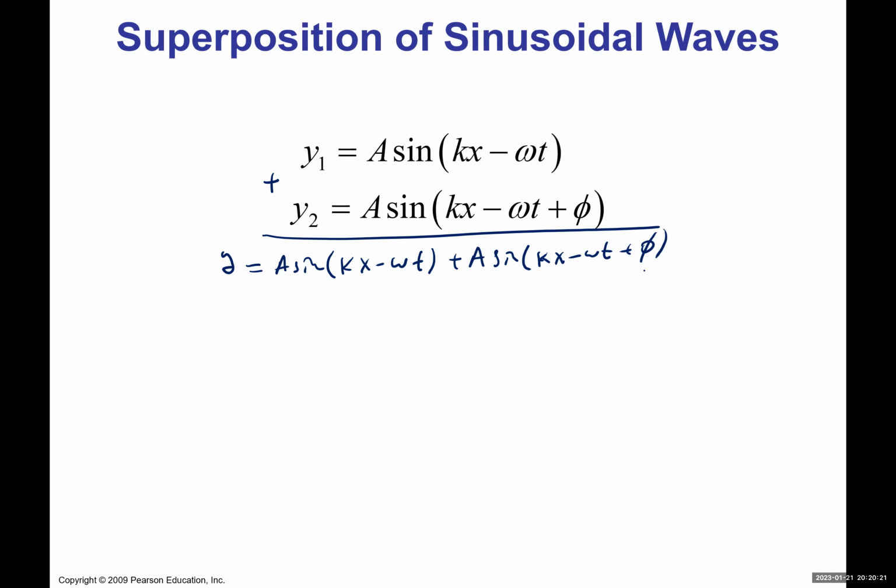Now, whenever you have something like this, where you're adding two sine functions, we have to go back and look at some of those trig identities.